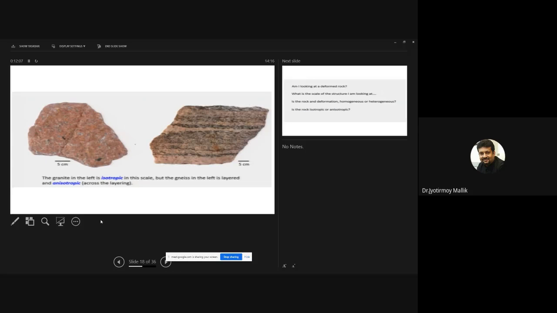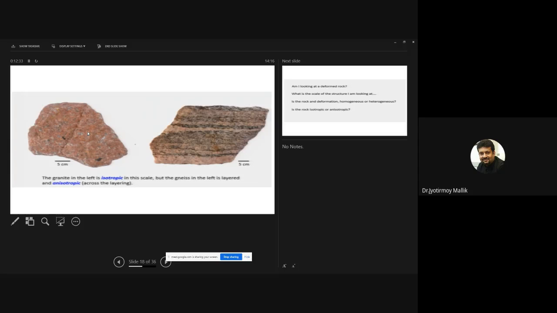Now, if we look at this particular picture, the first picture is of granite, and you can observe different colors here. Like these are fleshy colors. Can you tell me what that is? What are the minerals present in granite? What is this fleshy color from? What is the mineral? I taught you only in your lab class.